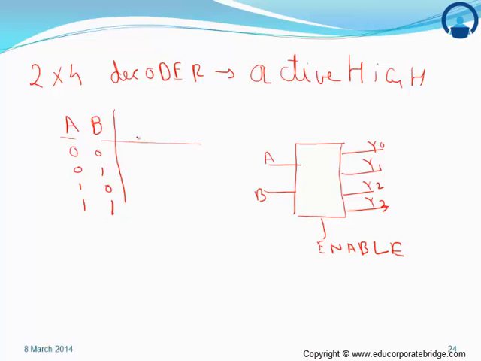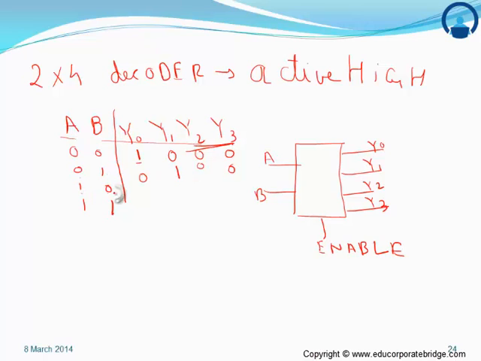For active high, the outputs are Y0, Y1, Y2, Y3. Since the input is 00, Y0 is selected as high; 1 is written for Y0 because it is active high, and the rest will show 0, 0, 0. Now for 01, Y1 will be high, rest all will be 0.